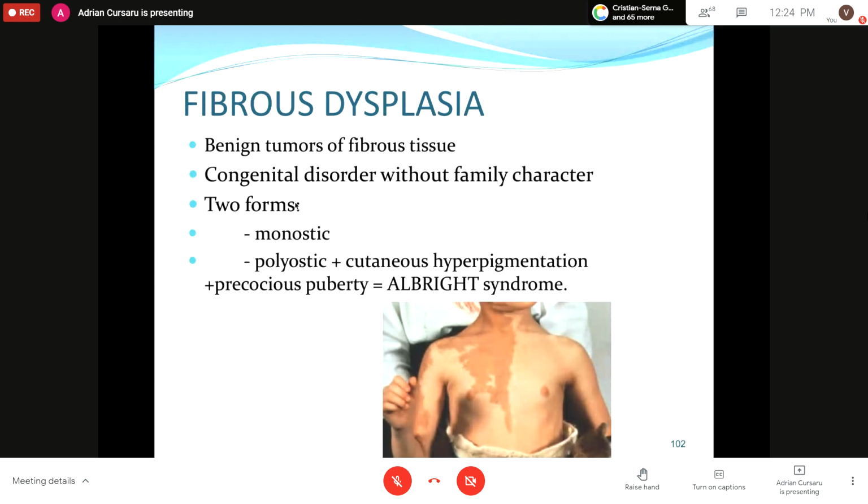If you have many lesions on the bones with cutaneous hyperpigmentation and precocious puberty, the name of that syndrome is Albright.